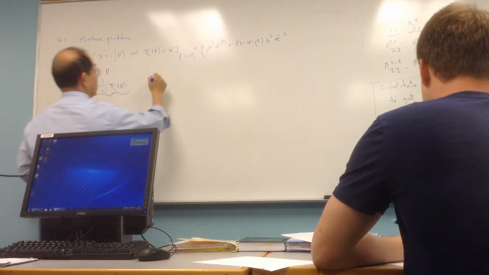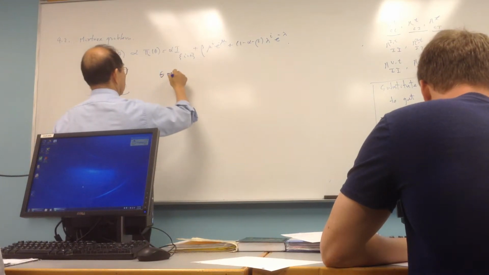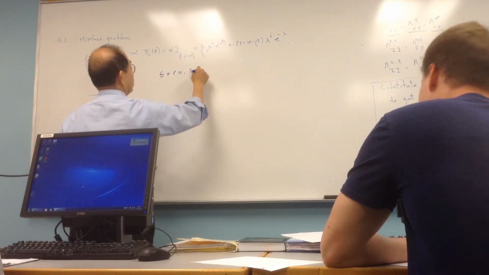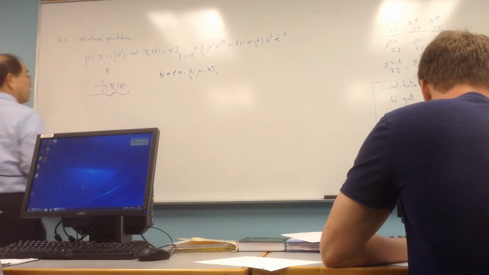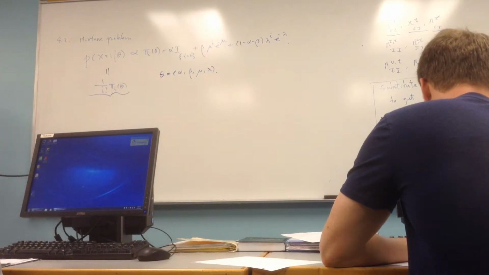Of course, here the theta is alpha, beta, mu, and lambda. Of course, the data is collected only as i goes from 0 to 16.